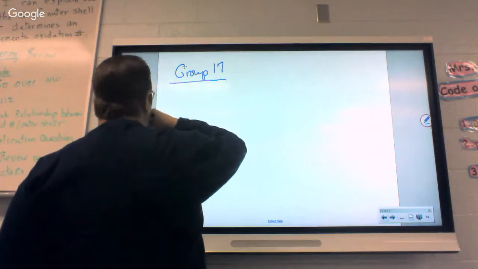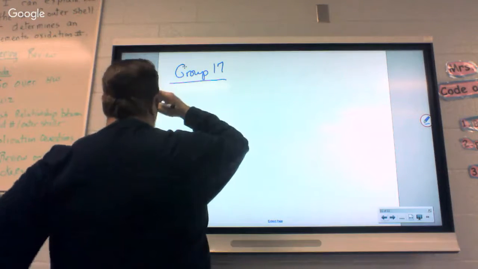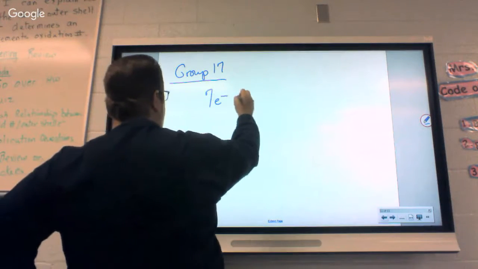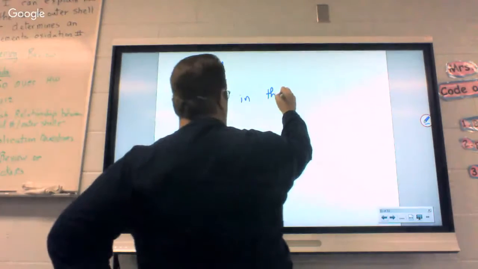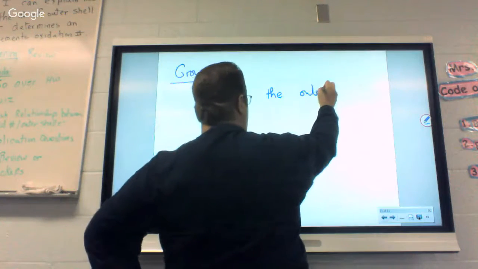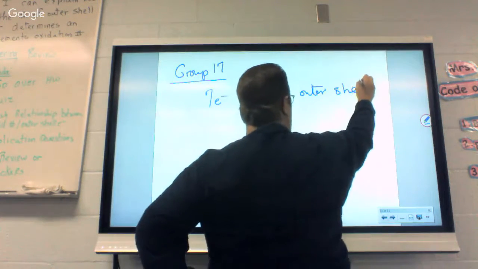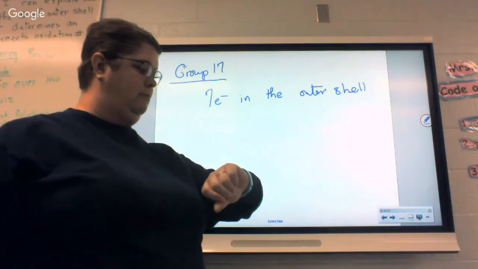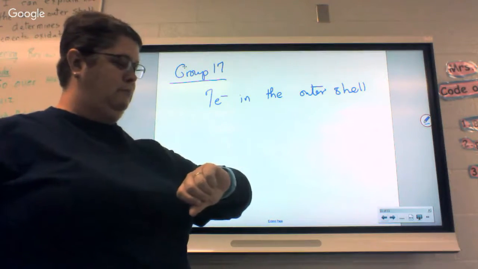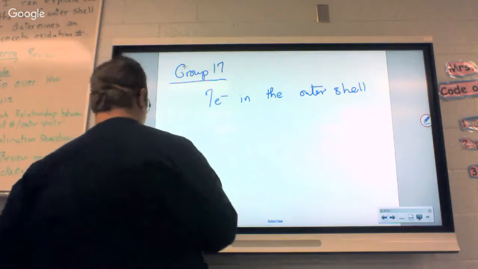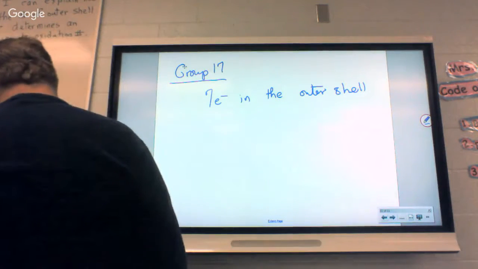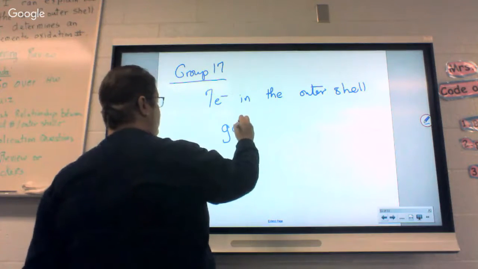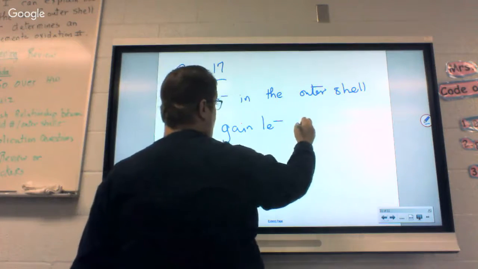All right. So group 17 has how many outer shell electrons? 7 electrons in the outer shell. So what are we looking at? Gain 1, or lose 7.